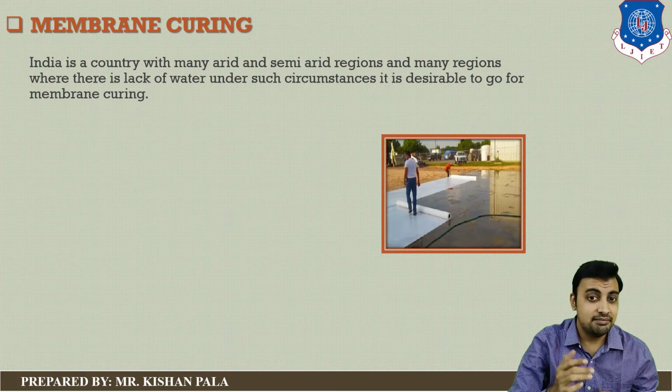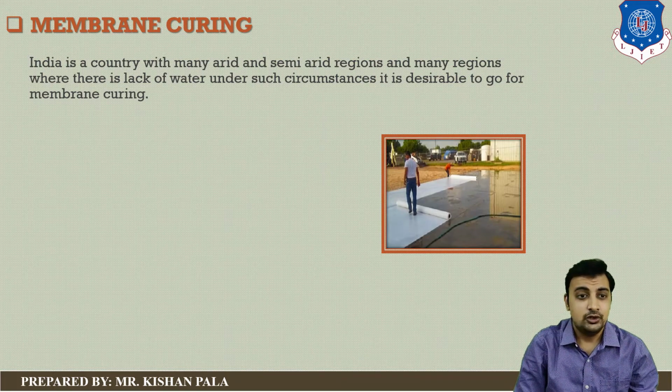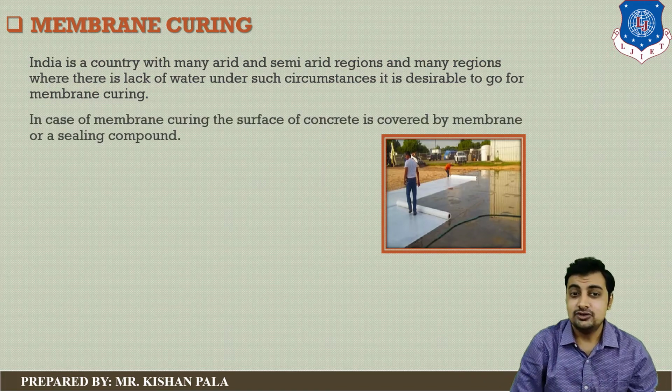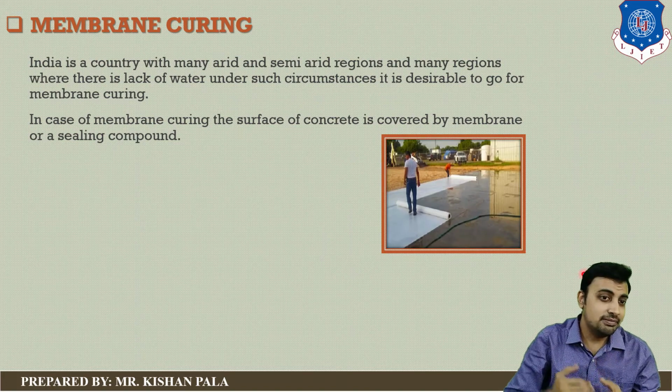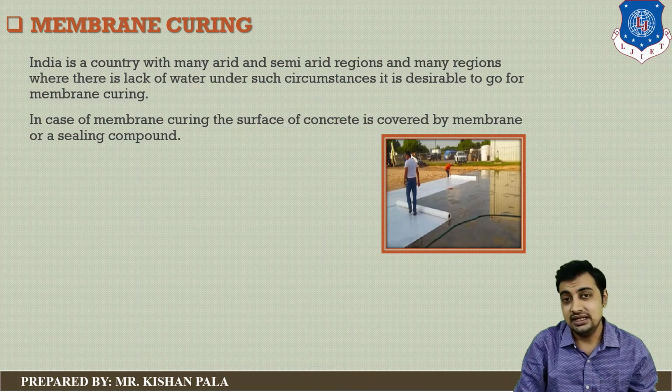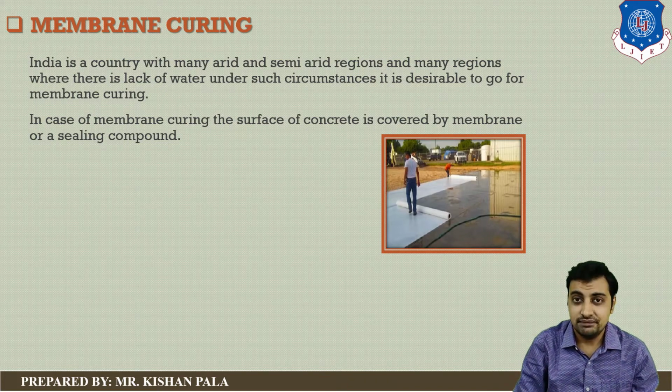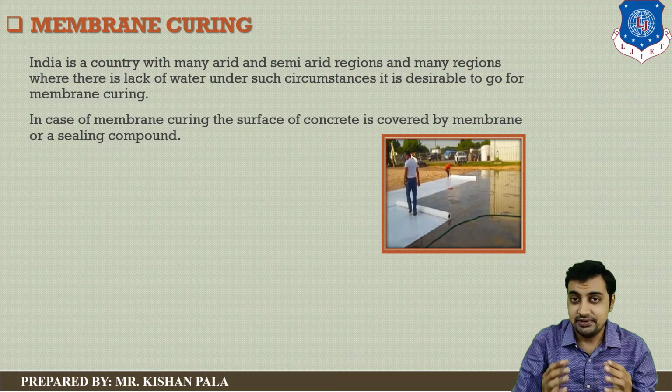As such, in these circumstances it is desirable to go for membrane curing, because saving of water is possible with this method. In membrane curing, the surface of the concrete is covered by a membrane and sealing compound, so there is no requirement to provide external moisture to the concrete surface, and the concept is that the removal of water is stopped.